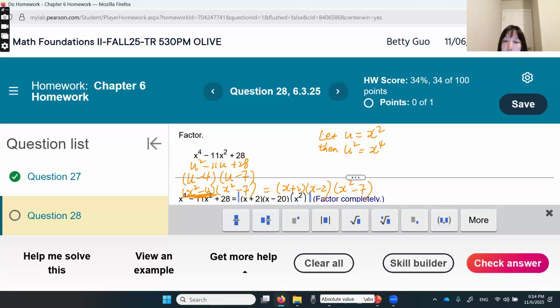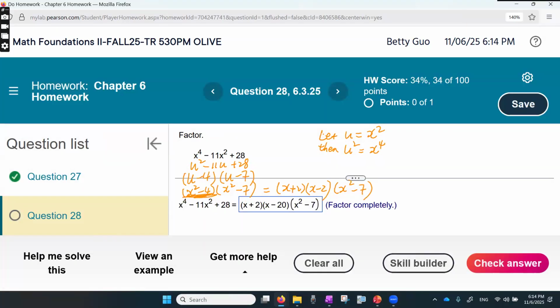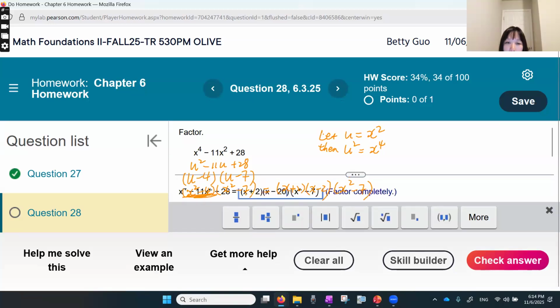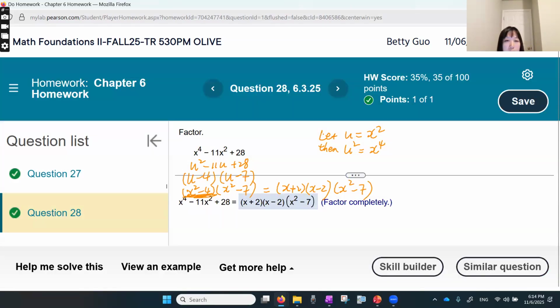Done. You put x minus 20 on one of them. Oh, sorry. What is it supposed to be? 2. Yeah, my bad. Okay, done. So let me erase. Go to the next question.